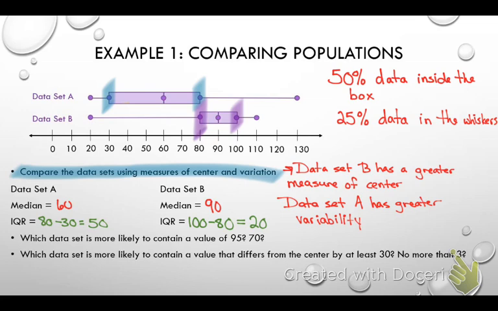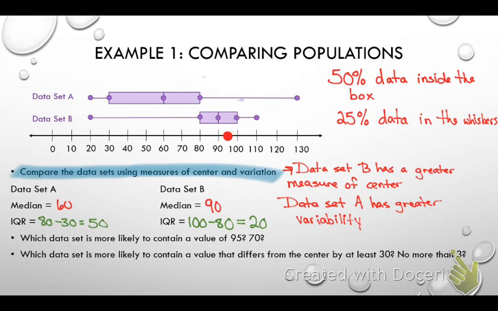All right, now let's answer the next two questions. Next question. Which data set is more likely to contain a value of 95? So again, this part you're not necessarily going to write on your notes. Let me just erase what I wrote up here so we can start over. Now on the number line, does everybody agree 95 would be about here? So we're going back to where is most of the data? It's inside the box, okay?